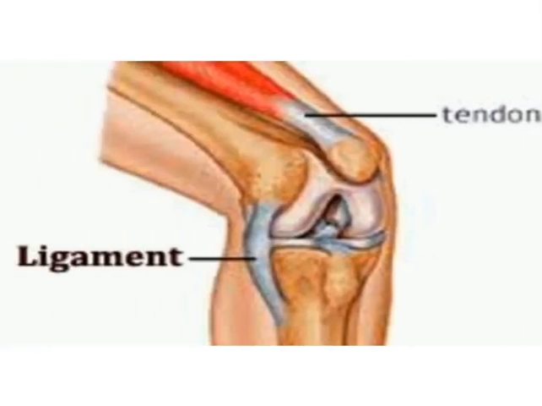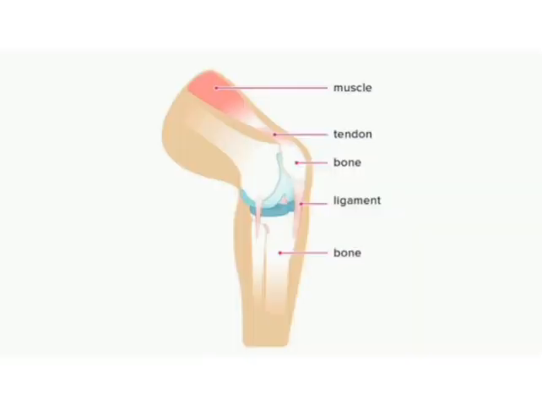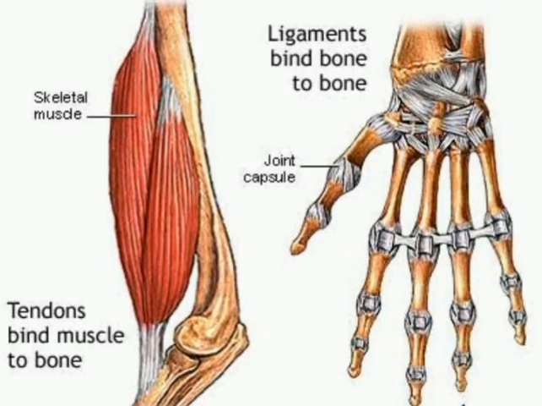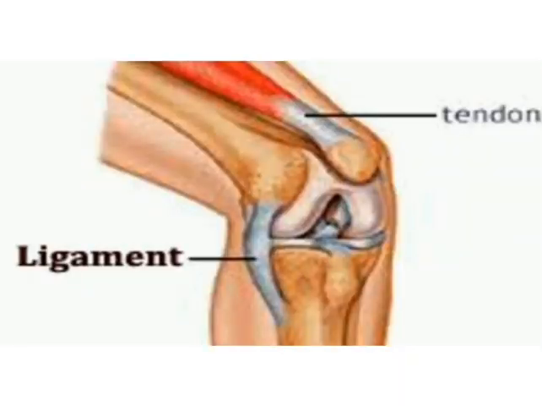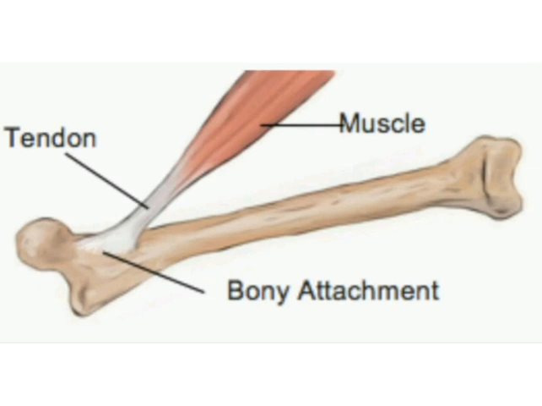Next, we are discussing ligaments. What are ligaments? It is the fibrous connective tissue between two bones. This tissue is very elastic and has considerable strength. This fibrous tissue has very little matrix.